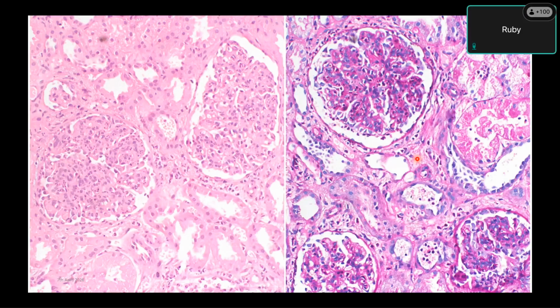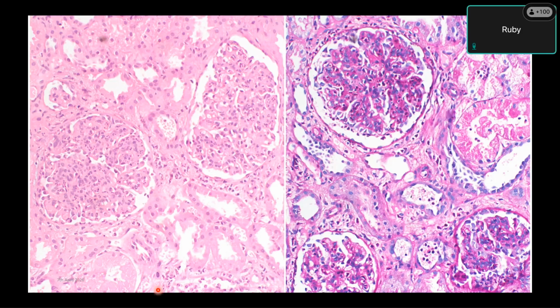This is a cortical biopsy showing 2 glomeruli with increased endocapillary hypercellularity, mesangial hypercellularity, and mild mesangial matrix expansion. Mainly there are segmental cells, mostly neutrophils, that can be seen in the endocapillary and mesangial hypercellularity. Scattered neutrophils and a few mononuclear cells are also seen.